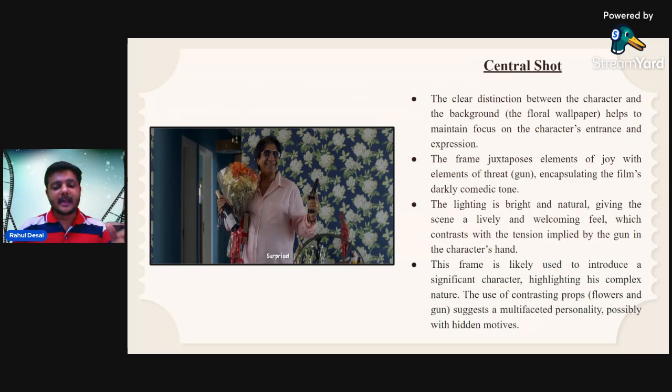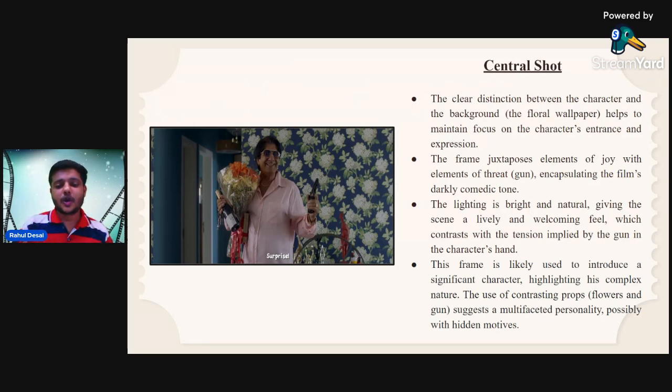The frame is likely used to introduce a significant character, highlighting the complex nature of the character, and this nature is developed through the film.